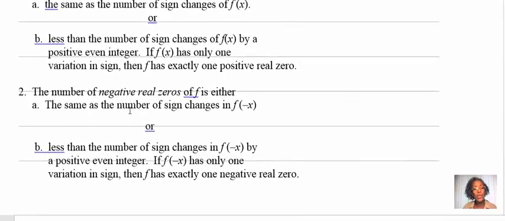The number of negative real zeros of f is either the same as the number of sign changes in f of negative x, or less than the number of sign changes in f of negative x by a positive even integer. If f of negative x has only one variation in sign, then f has exactly one negative real zero.